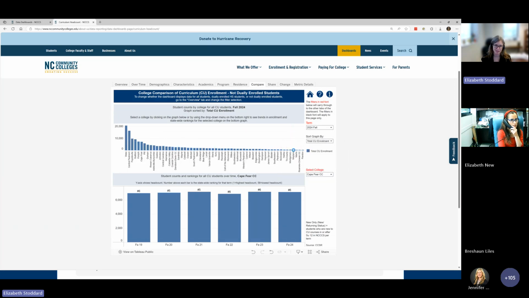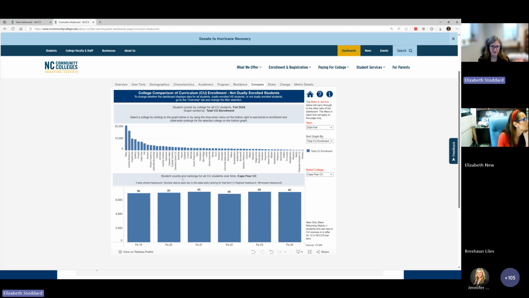If I sort it by total enrollment, this will show us which colleges had the highest enrollment of non-dually enrolled students down to the lowest.